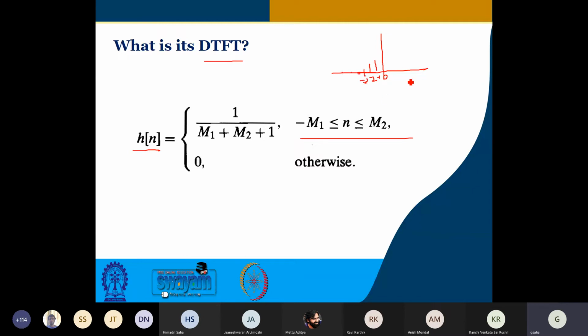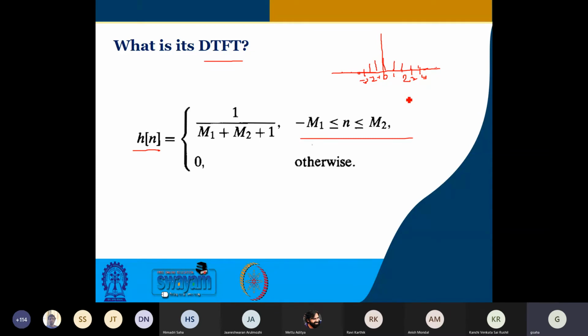So M1 is 3, and on this side, this is 0, then plus 1, plus 2, plus 3, and say this is plus 4. After that it is all 0.